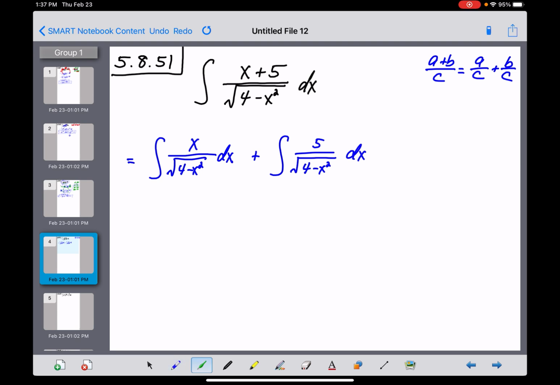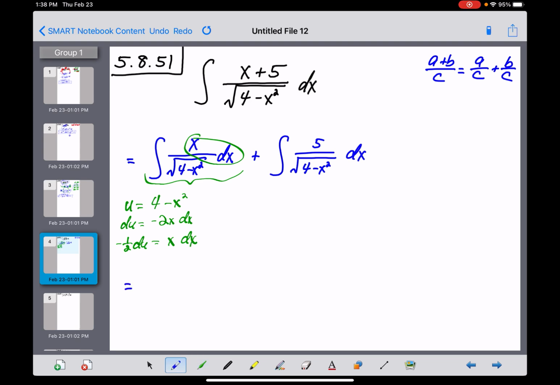This gets a little bit weird. All right, we're going to do a u substitution right over here on the left-hand side just to deal with this integral. And this is actually what I started to do a while ago. I'm going to let u equal the entire radicand of 4 minus x squared. Du then is going to equal a negative 2x dx, and what I really wanted was an x dx. So a negative 1/2 du is equal to x dx.